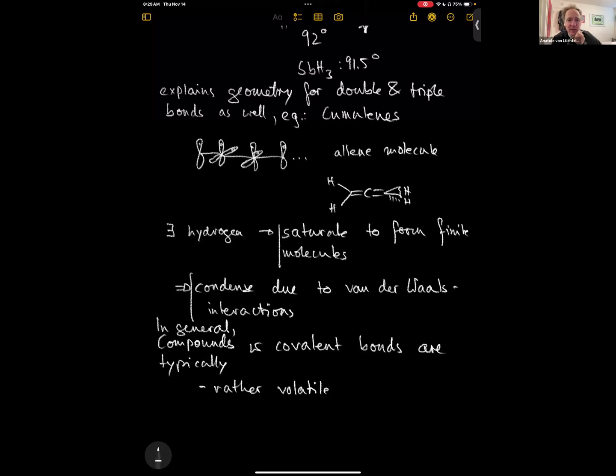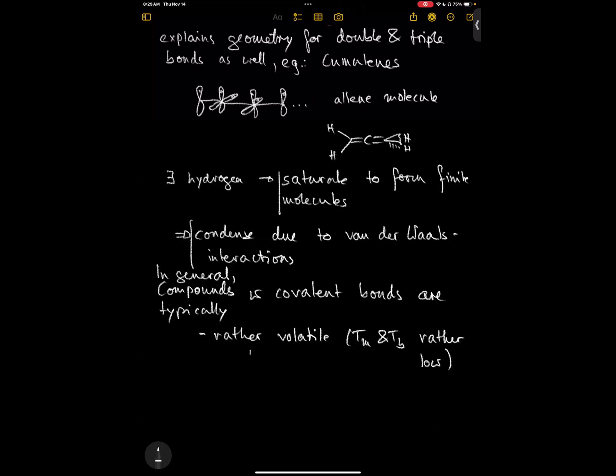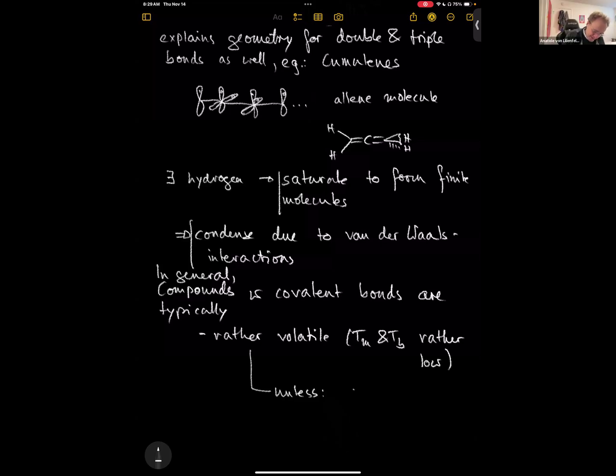These are typically covalently bonded atoms, and this means their melting point and their boiling point is rather low, right? The exception to this is if they are large in size.